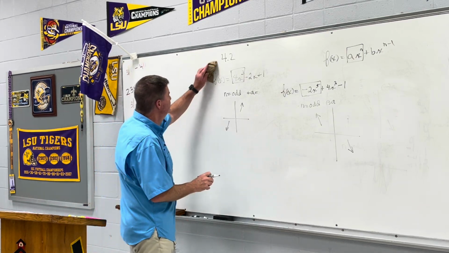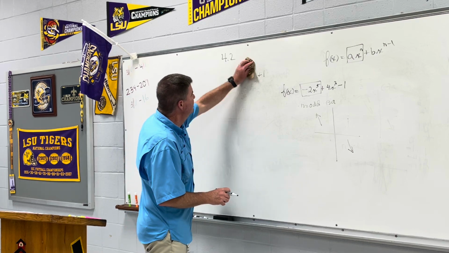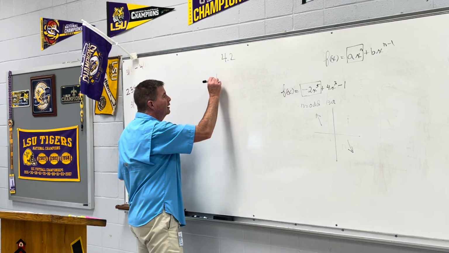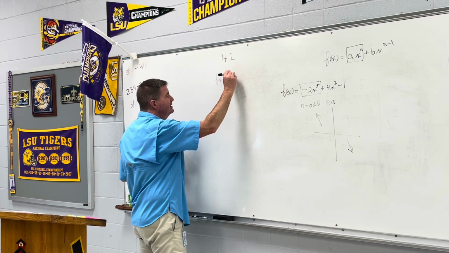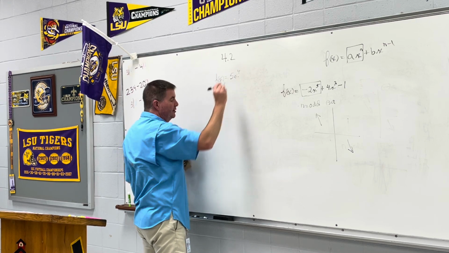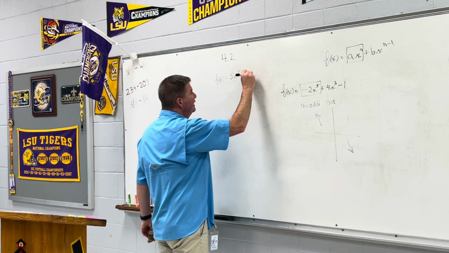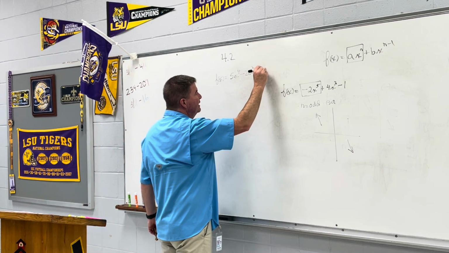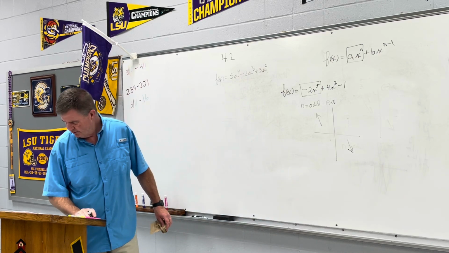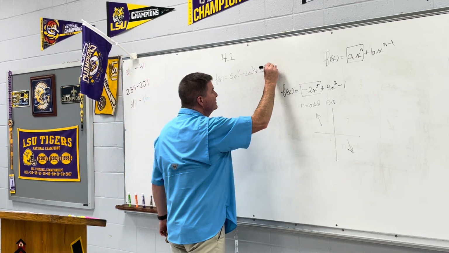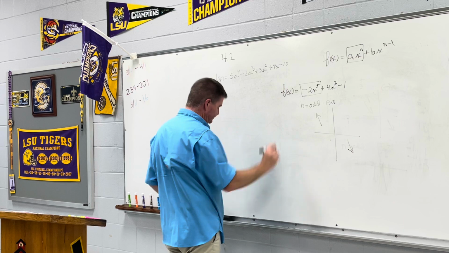Suppose we have f of x is equal to 5x to the fourth minus 2x to the third plus 3x squared plus 4x minus 10.